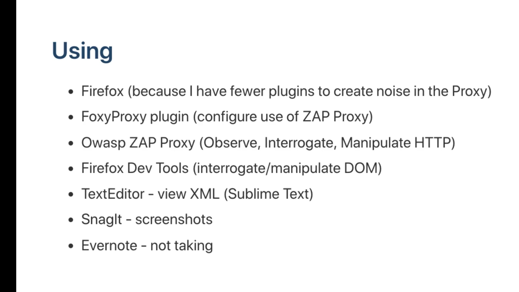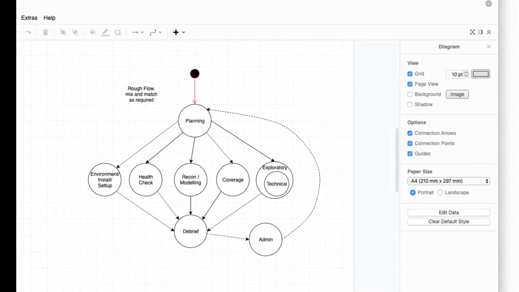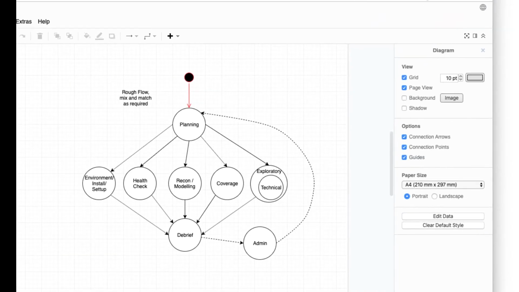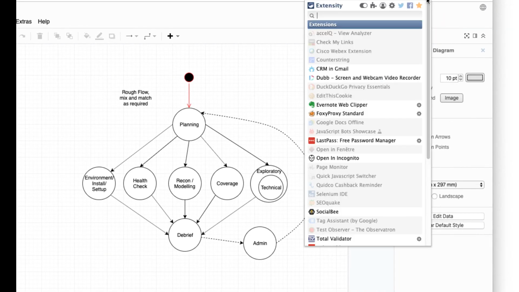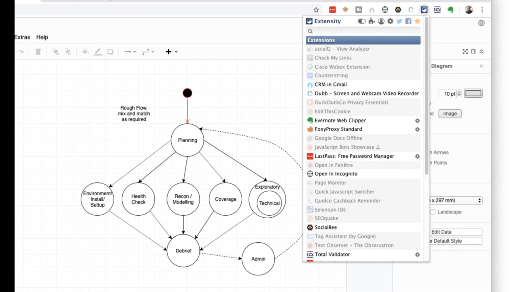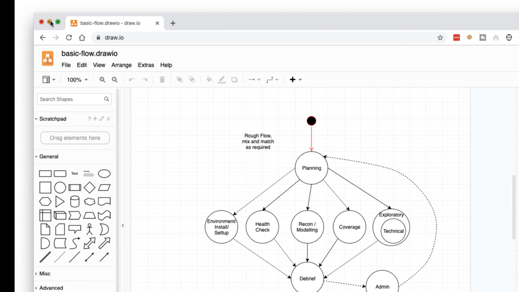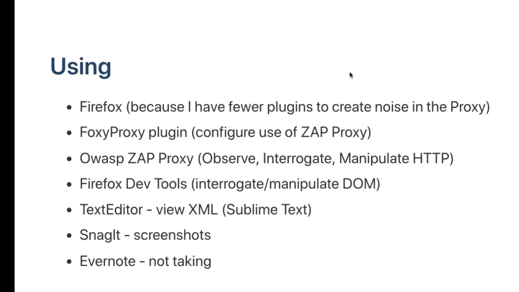That's the only reason. I do have a Chrome plugin to help me remove extensions. Let's have a look. This is the Extensity extension, which lets me switch extensions on and off, which is quite handy with Chrome. But because with Chrome I'm often logged into Google, there's a little bit more noise than I have with Firefox.